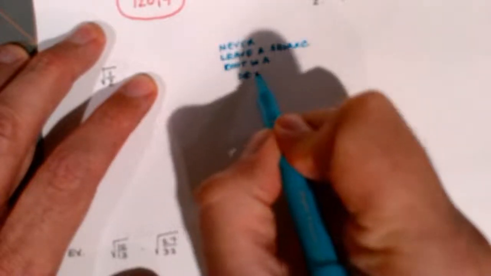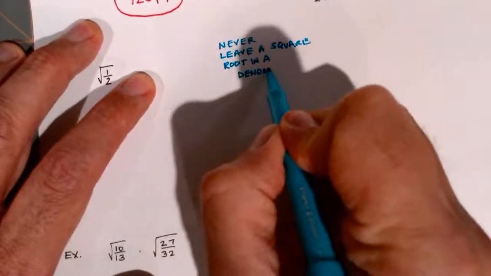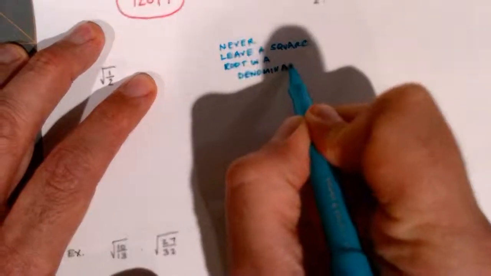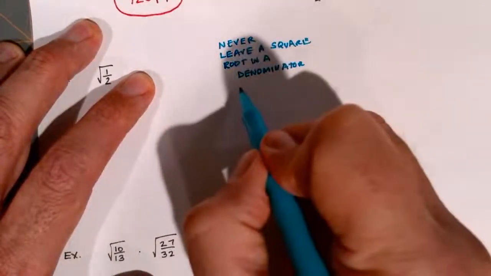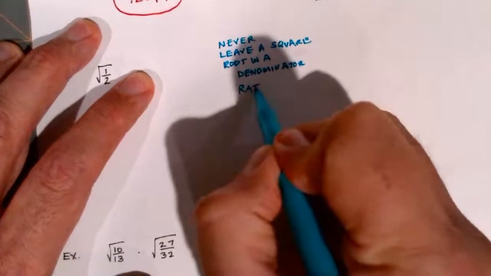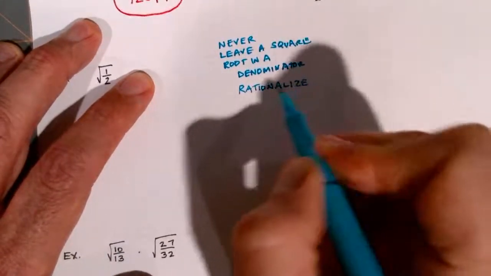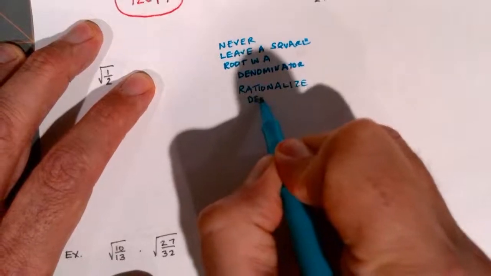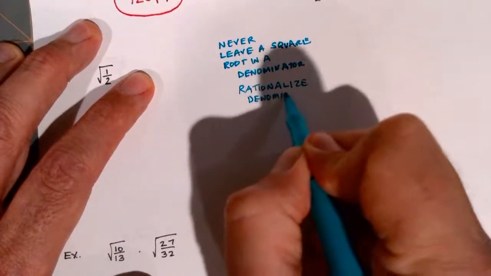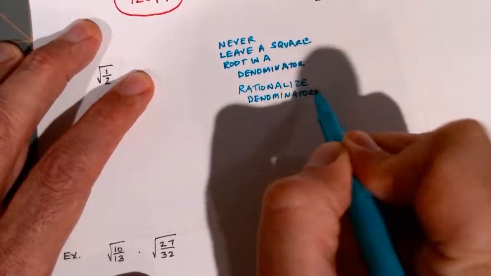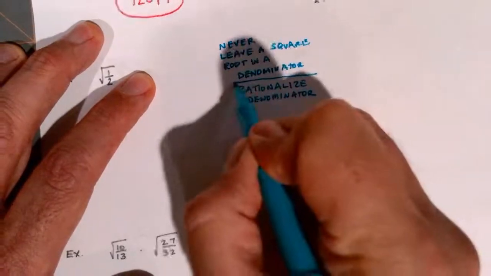So this is something called rationalizing the denominator, okay? And we're going to spend an entire lesson on this next Tuesday, okay? But for right now, we're doing sort of an easy way to do it. So it's really important that you understand this idea of rationalizing the denominator.